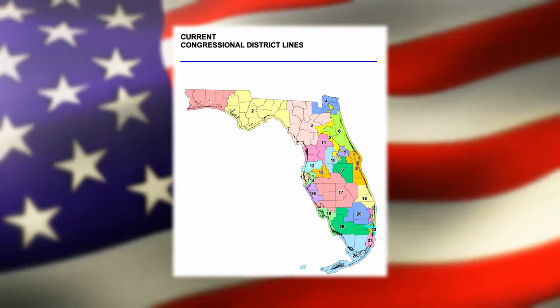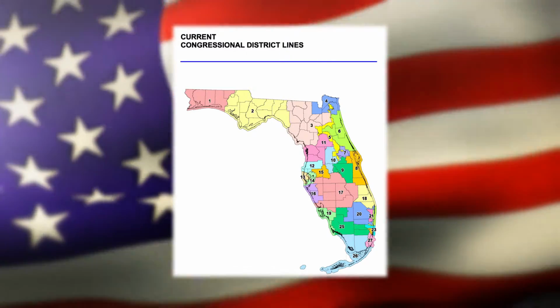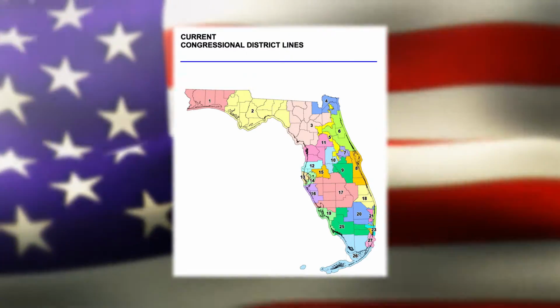The way I describe it to my students is basically you have to take the state of Florida and cut it up into 27 puzzle pieces. And there's a few rules that go along with that. The main one being that each district has to have the same number of people. They don't have to be the same geographic size. In fact, they're widely different as far as the square mileage of these districts, but they do have to have the same number of people.